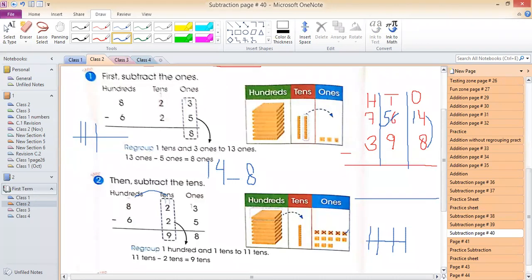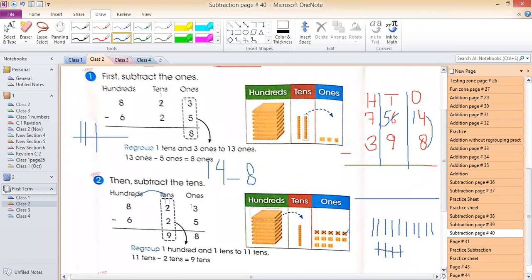Now you can subtract 8 from 14. 14 minus 8 is equal to what? Let's check. Draw 14 lines. 1, 2, 3, 4, 5, 6, 7, 8, 9, 10, 11, 12, 13 and 14. Cut 8 lines.